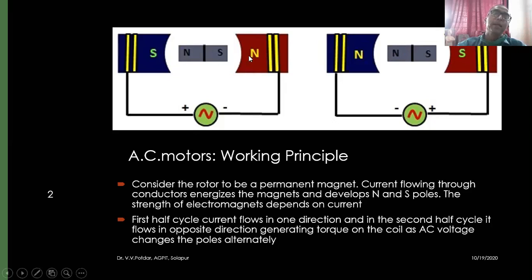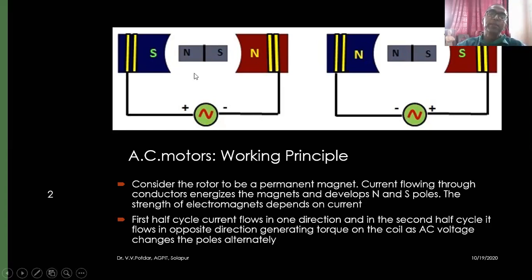And this magnetic field, the magnetic lines of flux, will move across the north and south pole. And we have a rotor which has south pole and north pole. Now, as the alternating current changes direction depending on the frequency, 50 cycles per second, every cycle it changes its direction.